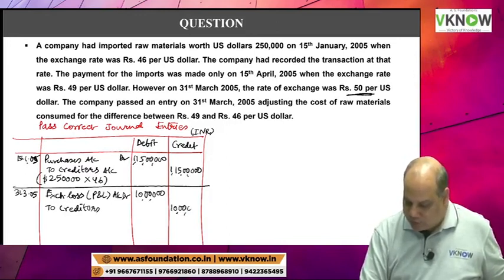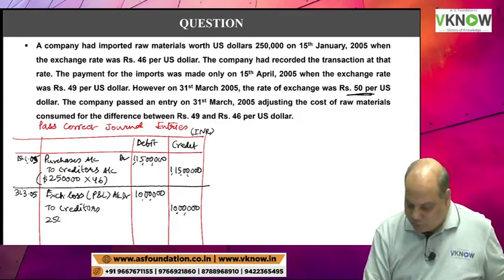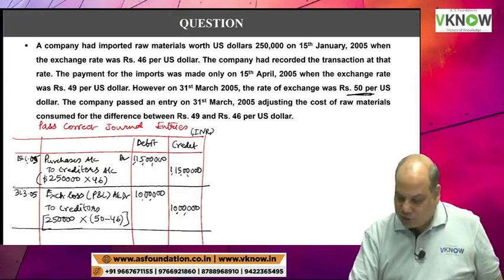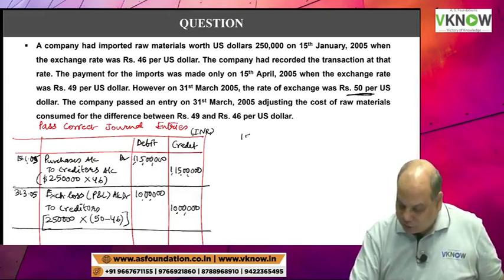Please write down nicely a likely question in the exam: $250,000 into (50 minus 46). This is the second entry on 31st March, and then we will pass the third entry on 15th April 2005.